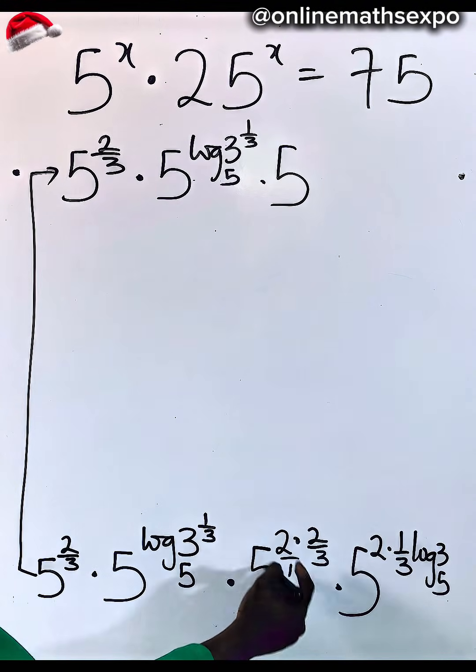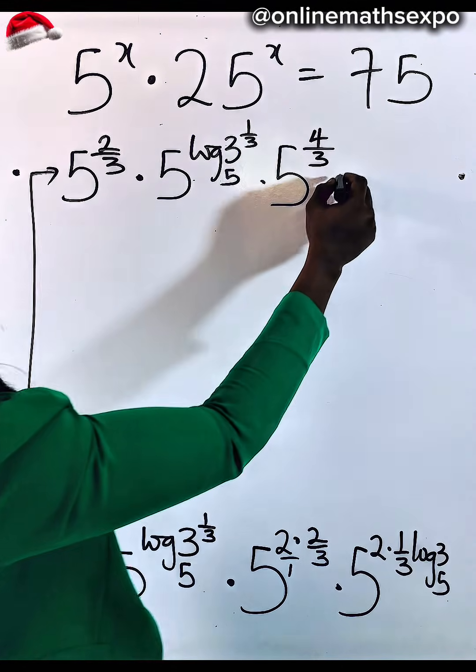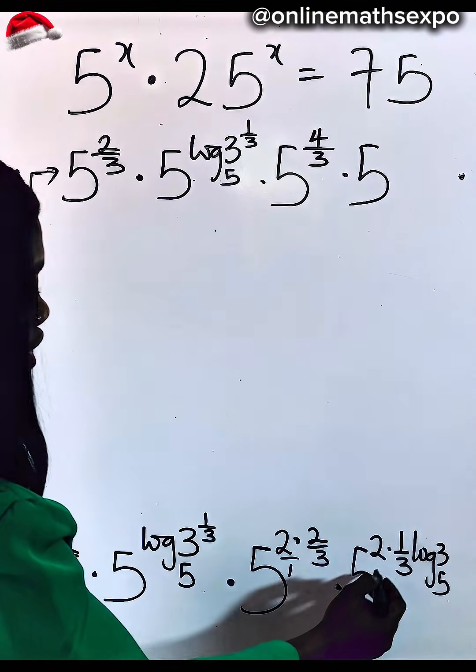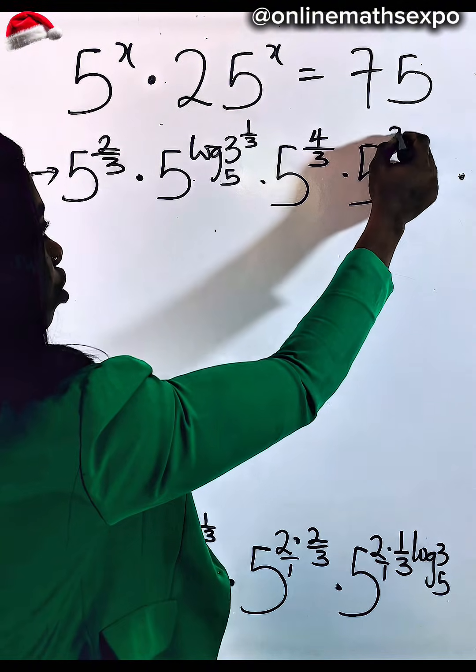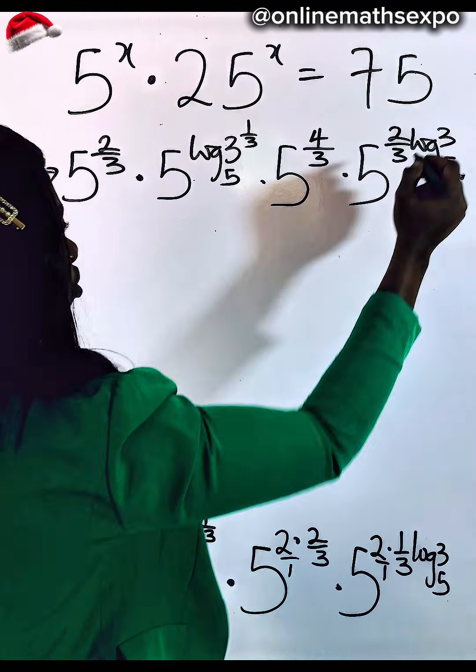Now we can multiply this. 2 times 2 is 4, so we have 4/3 multiplies 5. This will give us 2/3 of log 3 base 5.